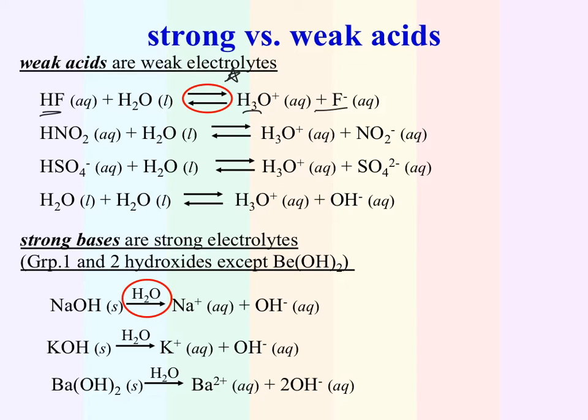And I guess we should probably talk about our bases. Strong bases obviously behave similarly to strong acids. They're going to dissociate completely into their corresponding ions, so they behave like the strong electrolyte or strong acid in terms of their ionization processes.